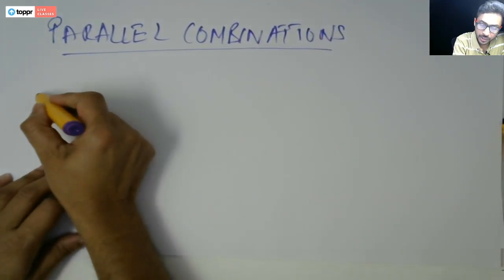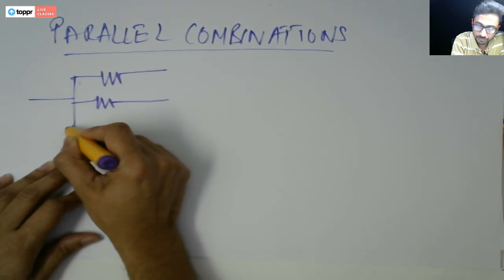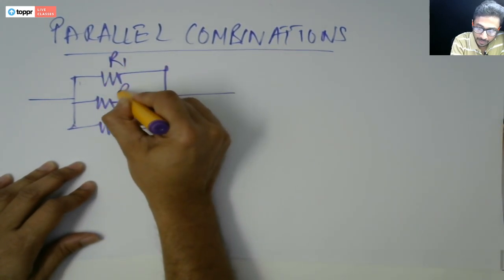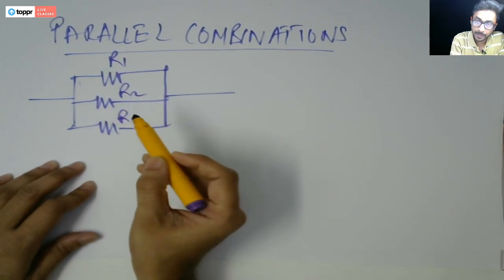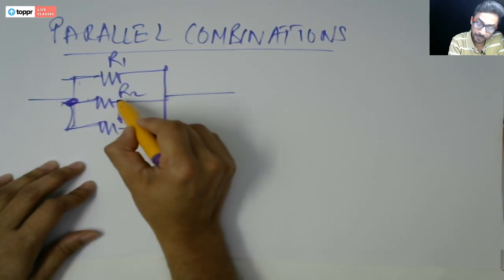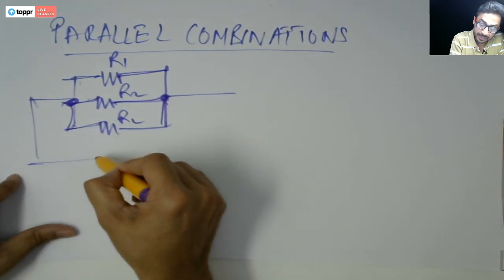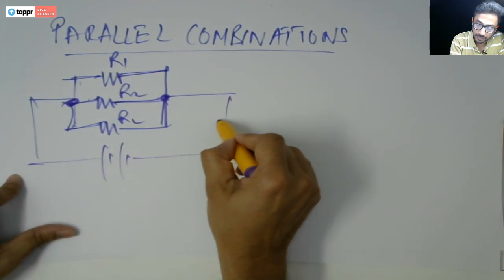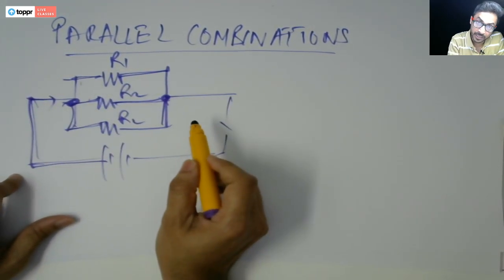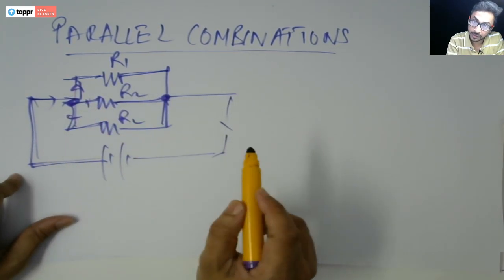In parallel combination, what happens? The resistances, all the starting points are connected together, all the ending points are connected together. And if you put a battery, in a parallel combination the current divides along the sides.